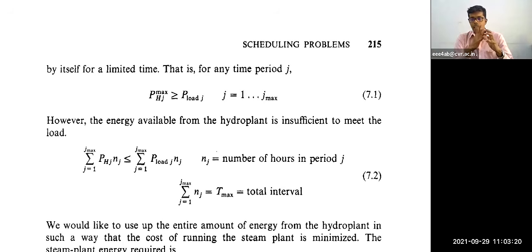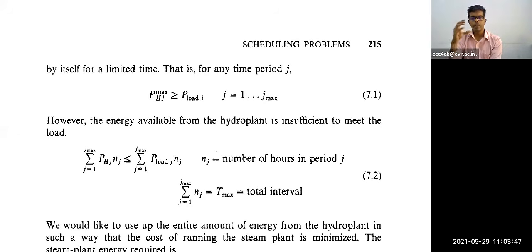But if you utilize the maximum, generating that power for the whole 24 hours in a day, 24 into 30 days for 1 month, then the time limit decreases.